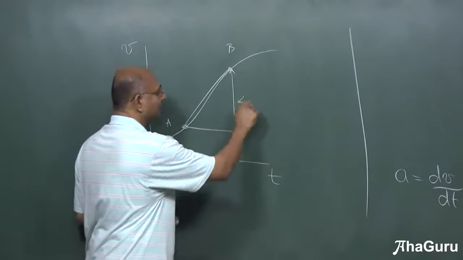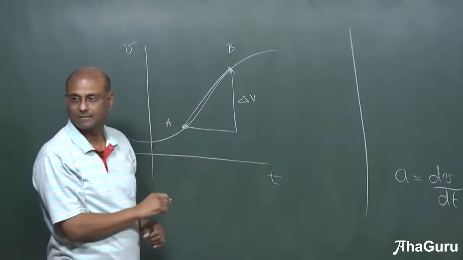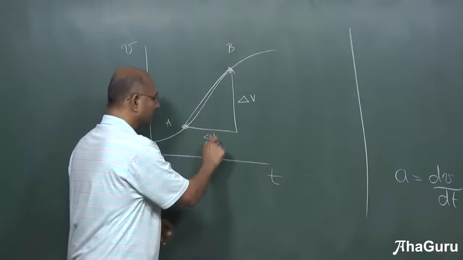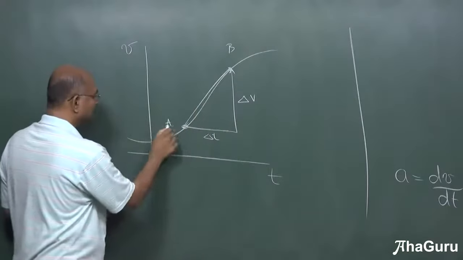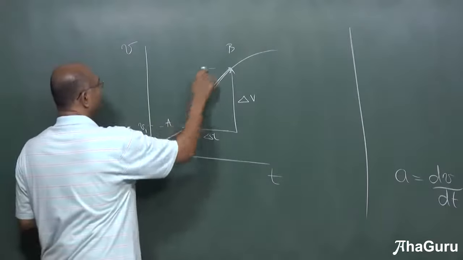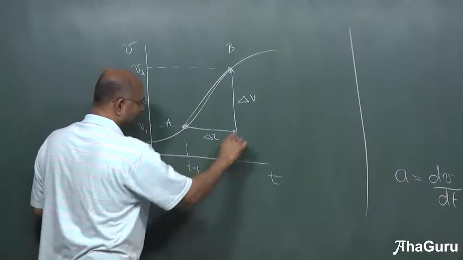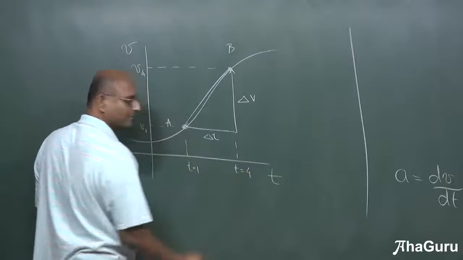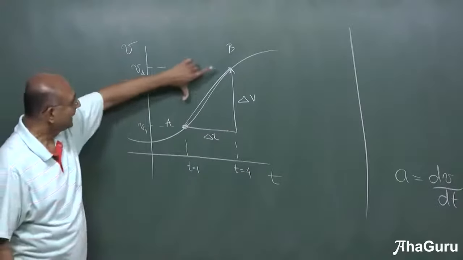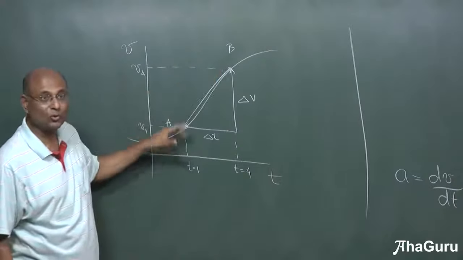This is delta V. This is delta T, like we did earlier. This is velocity 1, that will be velocity 4 if this was T equals 1 and this is T equals 4. This by this will be the slope of this line.